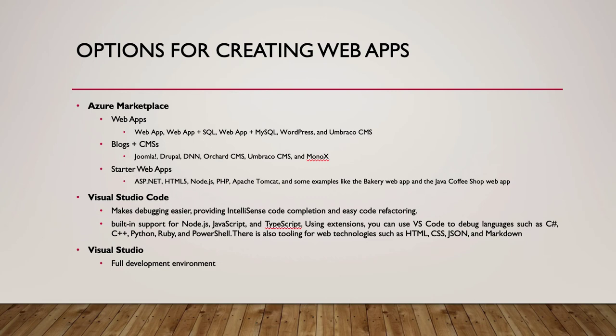Remember, when you get to that page, you have to scroll down all the way to get to the web apps, which include web app plus SQL, web app plus MySQL, WordPress, and Umbraco CMS. Or look at blogs plus CMSs, which are basically Joomla, Drupal, DNN, Orchard CMS, Umbraco CMS, and MonoX. Or you can go to the starter web apps and look at ASP.NET, HTML5, Node, PHP, Apache Tomcat, and some examples like the Bakery web app and the Java Coffee Shop web app.